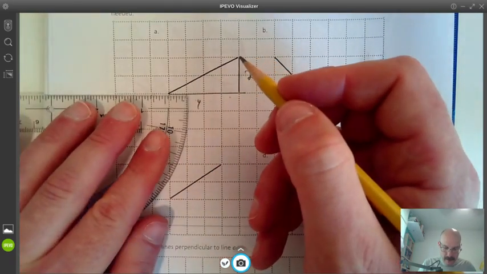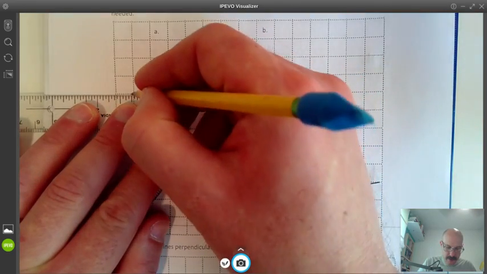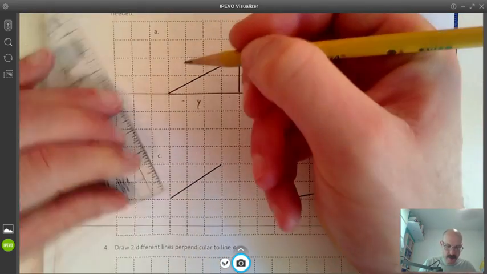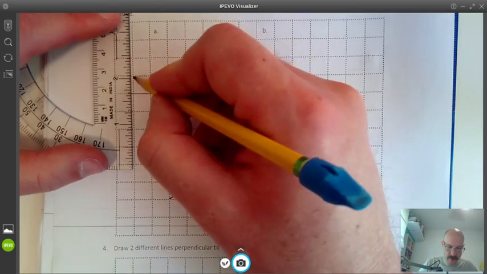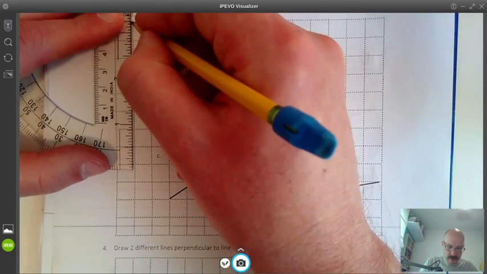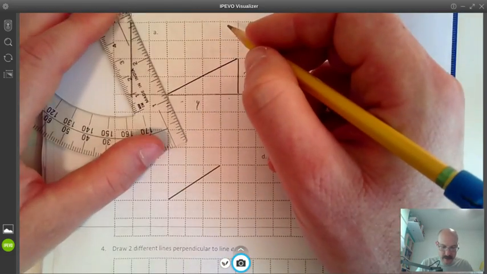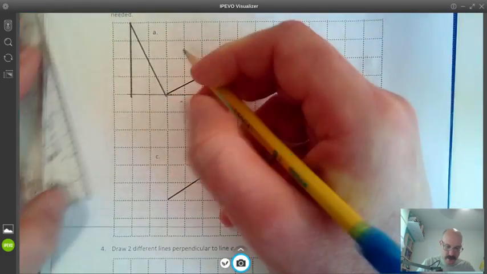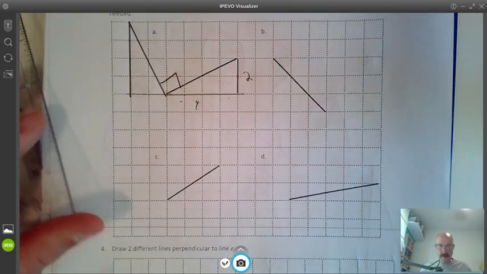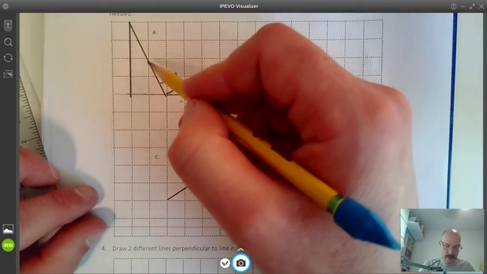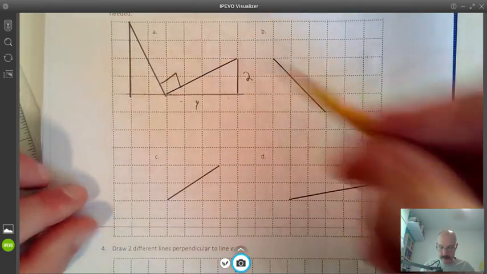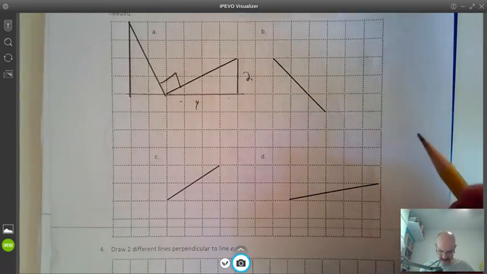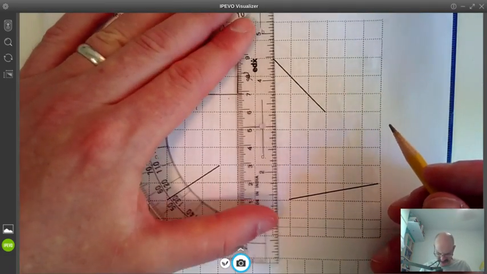So I turn it to the side, it's also going to be 2 by 4, 1, 2, 3, 4. Like that. And there is my line segment. It's perpendicular to that line segment.